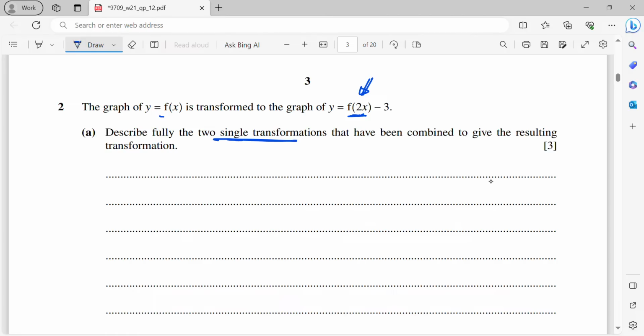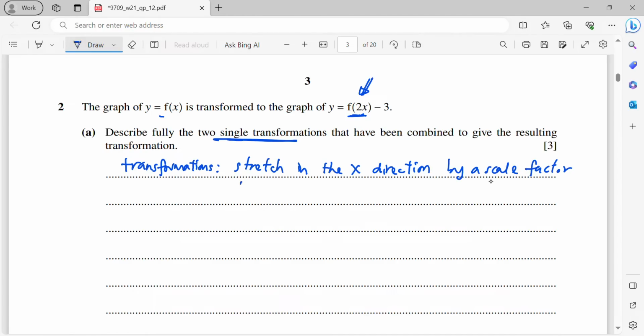Alright? So I will write the transformations. It will be a stretch in the x direction by a scale factor of half. Okay, that's why this is 2x here.